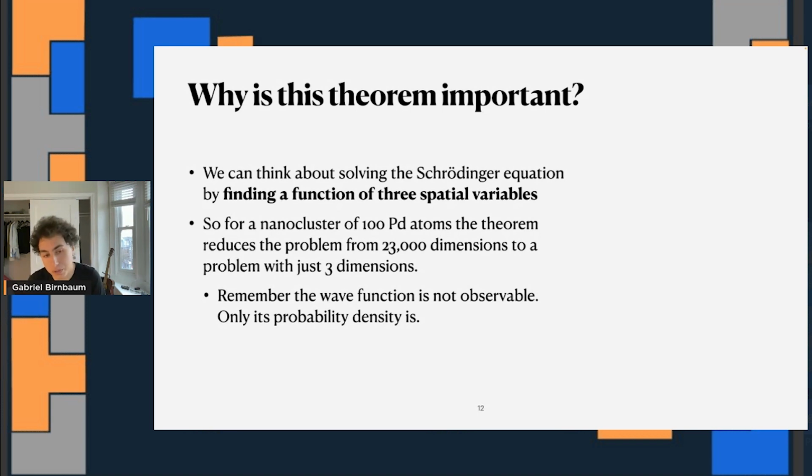DFT would allow that to be solved with only 3 dimensions, which is a much more solvable situation. And if this loss of dimension confuses you, for those who know physics, remember that the wave function is not observable. Only the probability density of the wave function is, and that is captured through the DFT approach, which is finding the electron density.